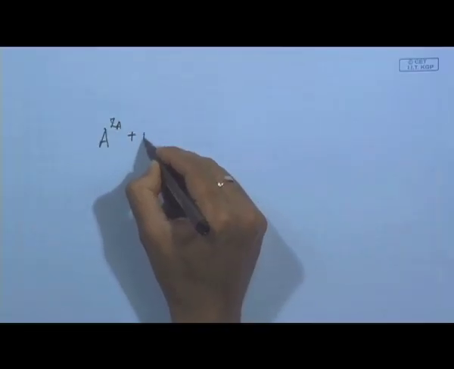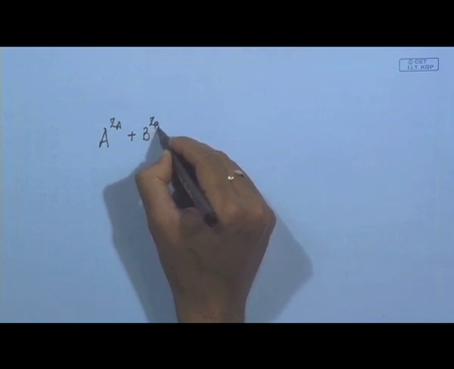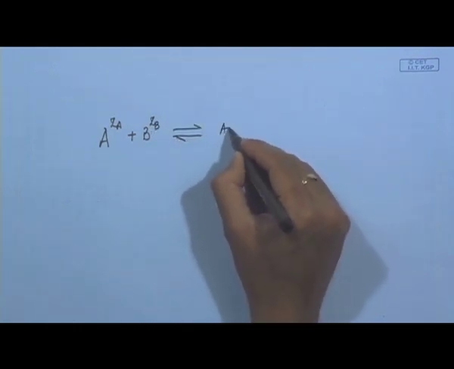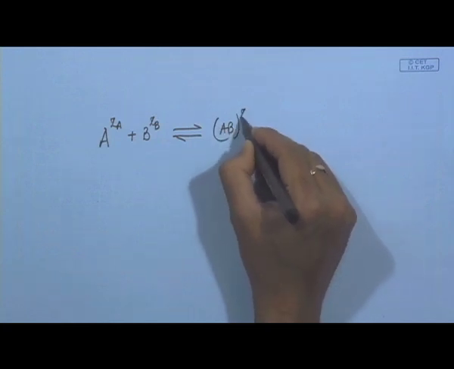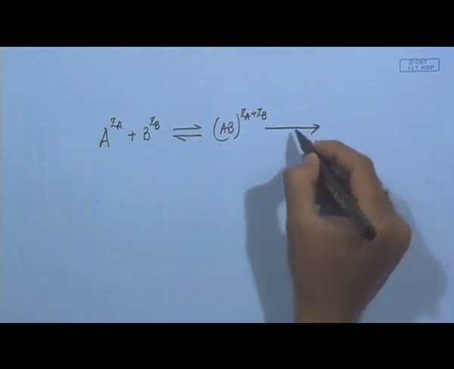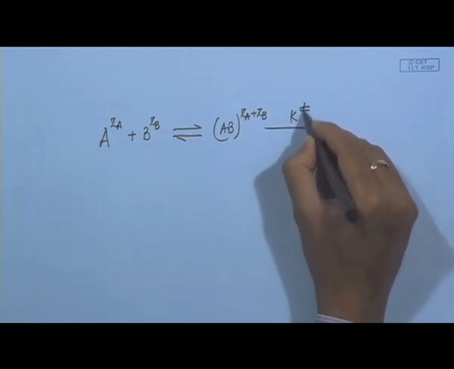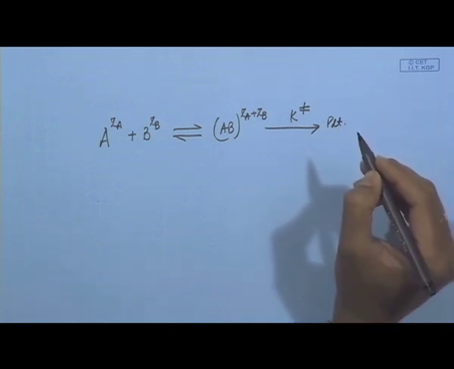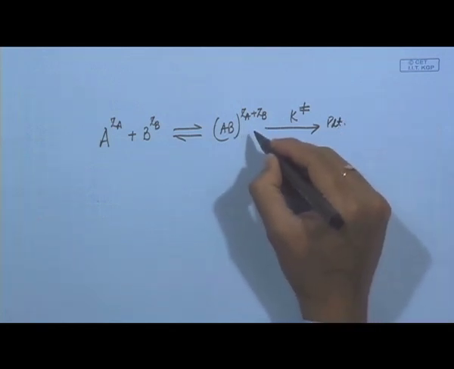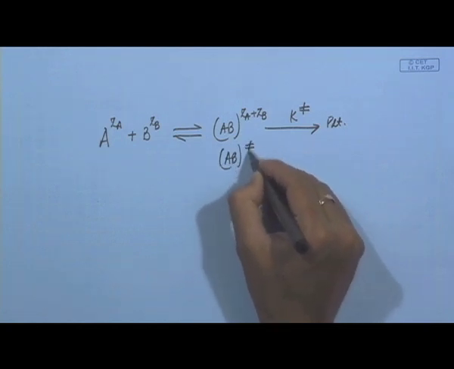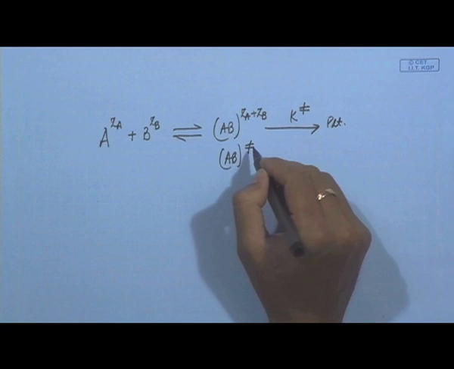So, A(Za) plus B(Zb) in equilibrium with the activated complex AB, then products. Okay, this is the activated complex.